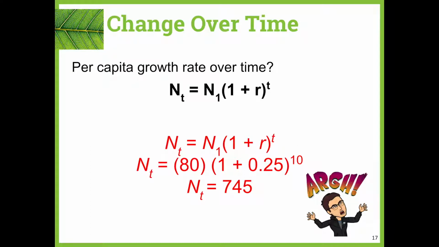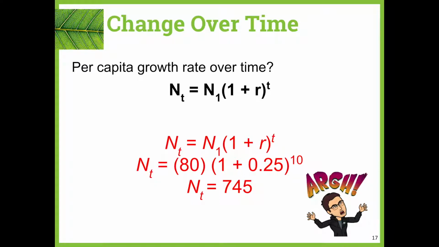And this example is what we call exponential growth, the pattern of population increase that results when R is constant through time. A prominent feature of exponential growth is that the number of individuals added to the population in any time interval is proportional to the size of the population at the start of the interval. What I mean by that is while the per capita growth rate remains constant, the actual number of individuals added each time unit increases as the population grows.